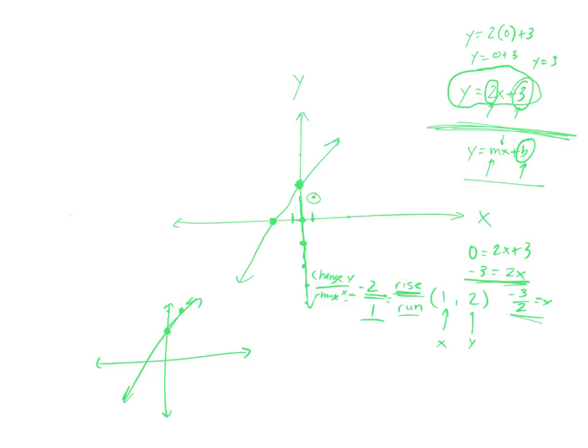Because to go forward, you have to rise and run. But to go backwards, you have to do the opposite. Because basically, okay, so you're at this point right here, right? At 0, 3. That's the y-intercept right here. Now, you want to go down by 2 and to the left by 1.